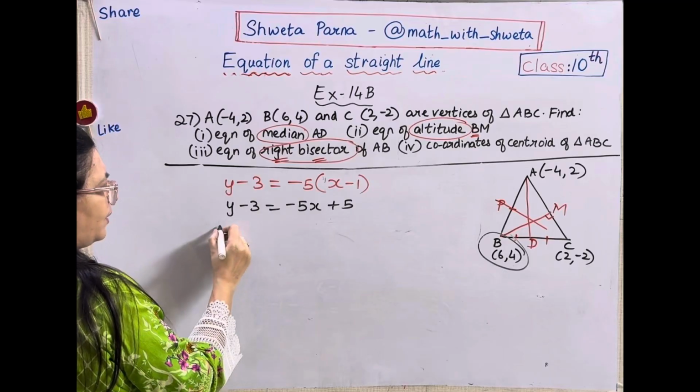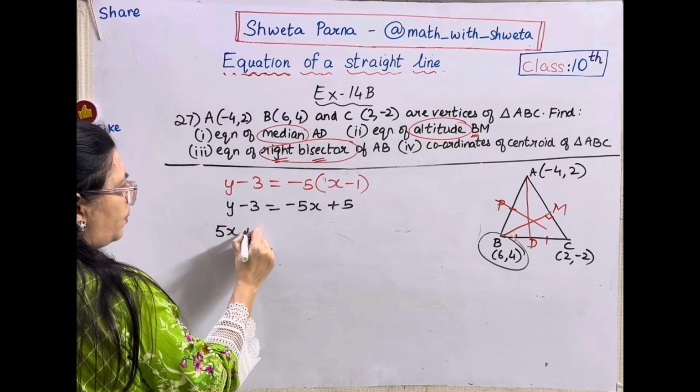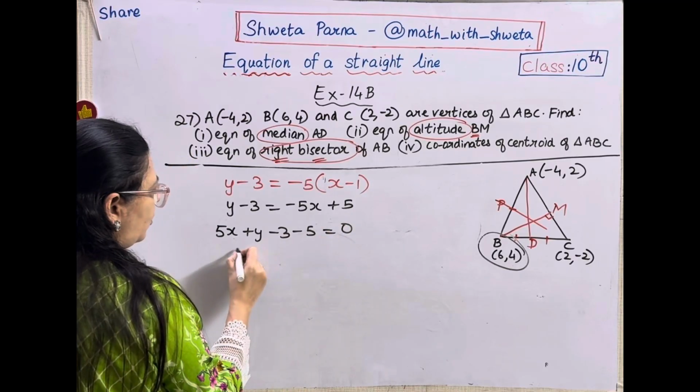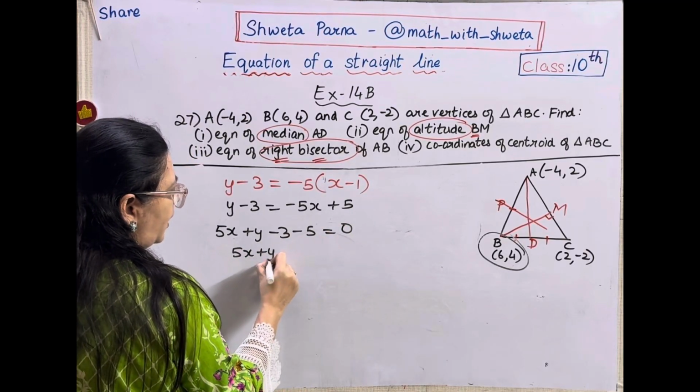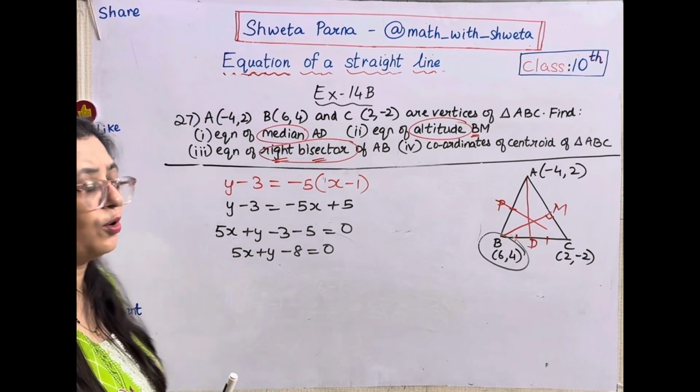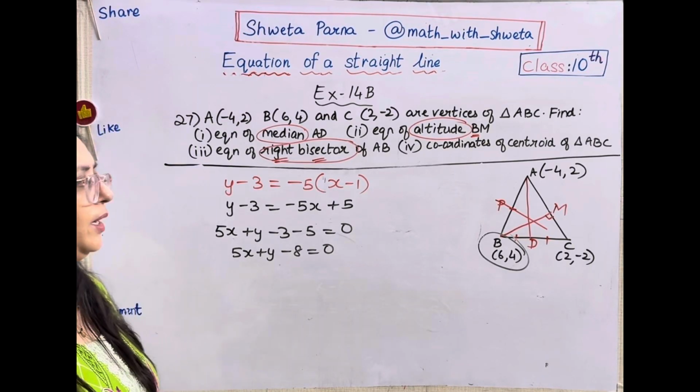Bring everything to one side: 5x plus y minus 3 minus 5 is equal to 0. So 5x plus y minus 8 is equal to 0. This becomes the equation of the right bisector of AB.